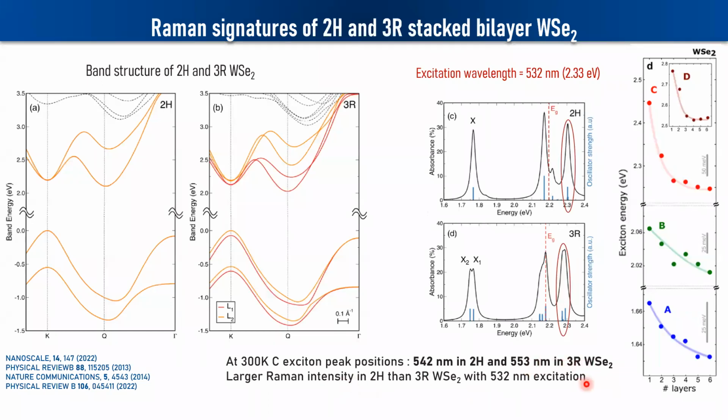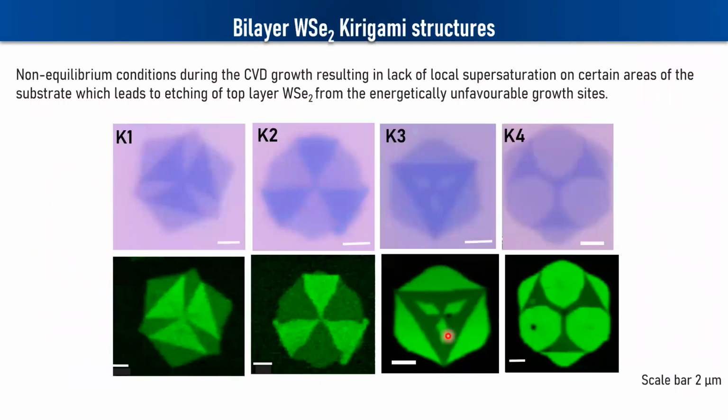We have used an excitation wavelength of 532 nanometers, which is very close to the C exciton peak position in 2H WSe2. So this large Raman intensity can be attributed to the resonant features at this C exciton peak position.